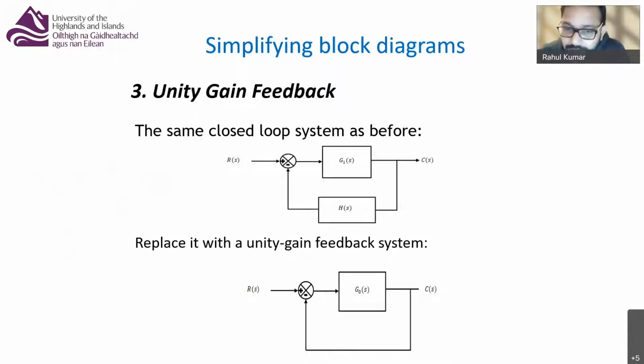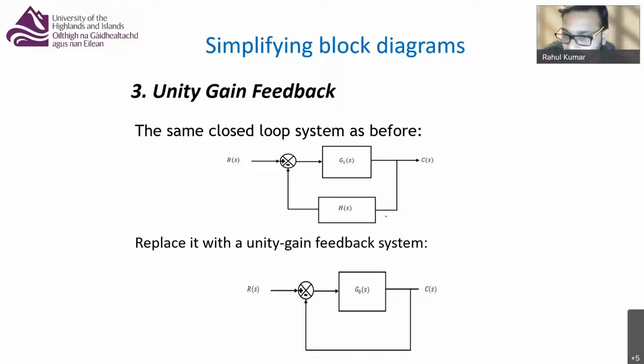Now, a little modification of your closed loop system. So in this case, we have unity gain feedback. Now in the previous closed loop system, we had this gain in the feedback path, or as we call it, feedback gain.